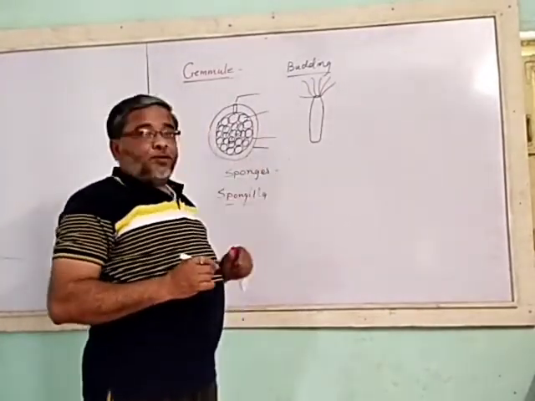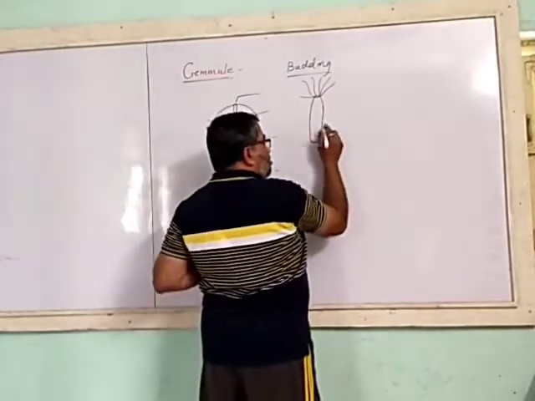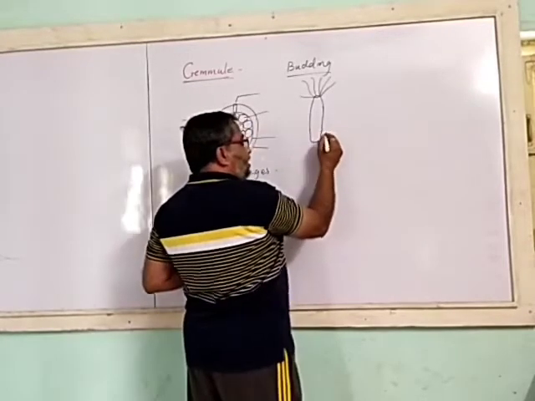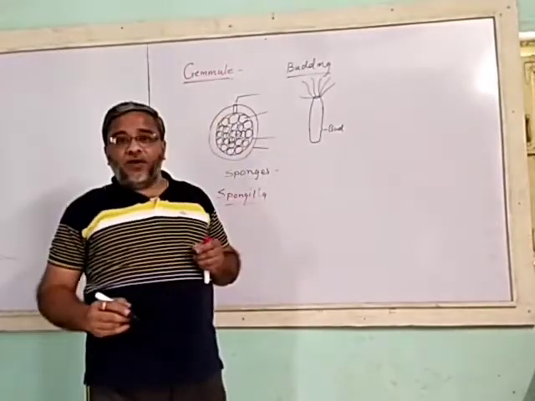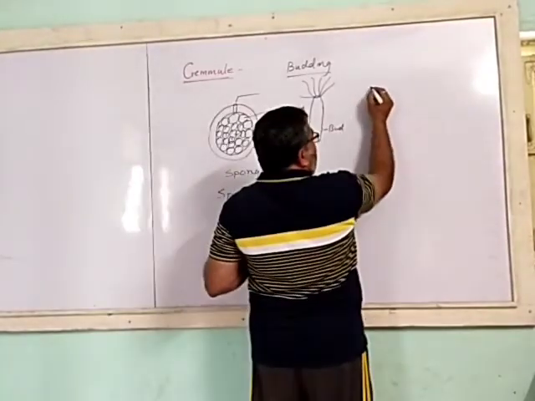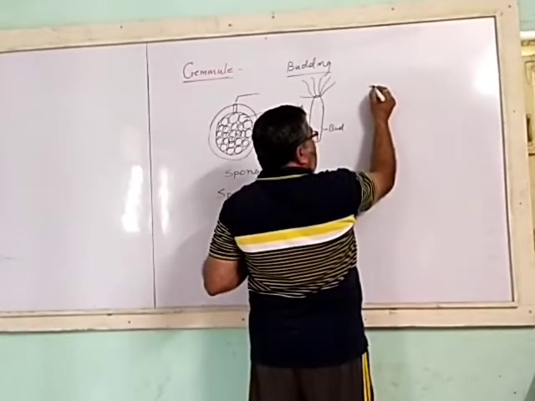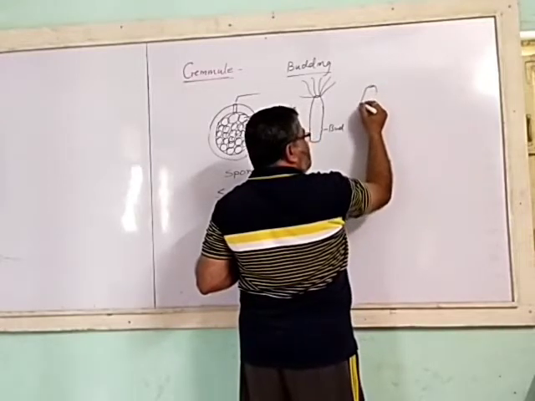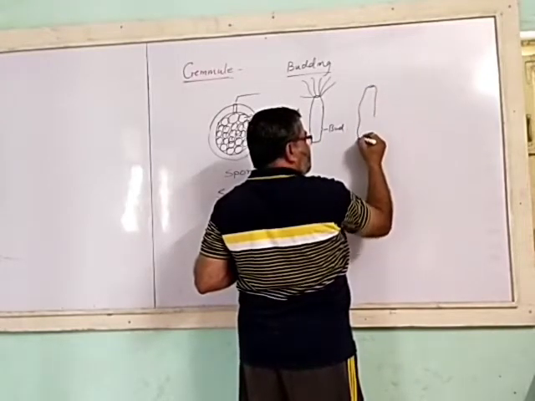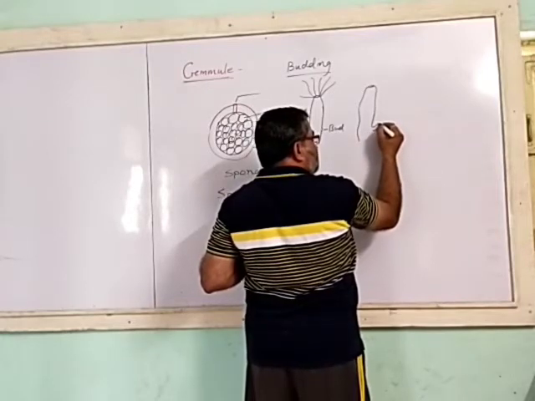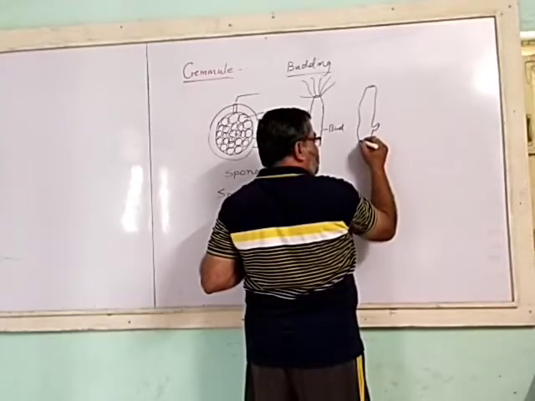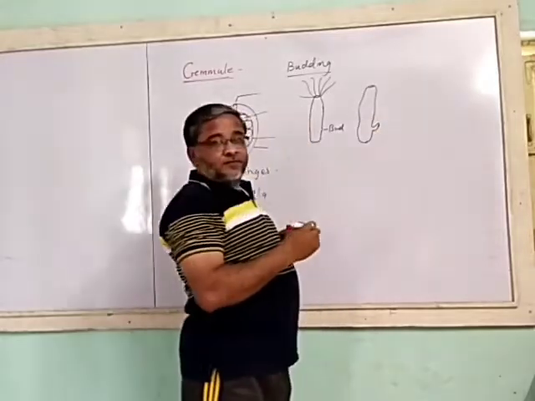The cylindrical body shows a small swelling at the base, and this is the bud. Now, when the bud starts sprouting, it starts forming a young hydra.